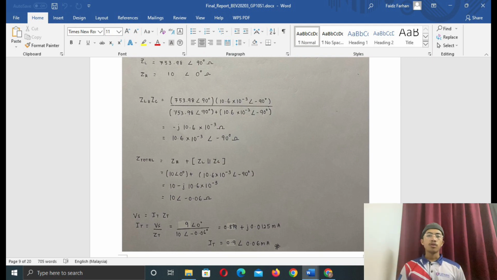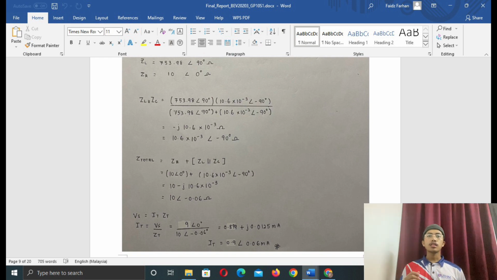Now you need to find ZL parallel ZC. For the answer we get negative j 10.6 milli, which in complex number form is 10.6 milli angle negative 90 degree.